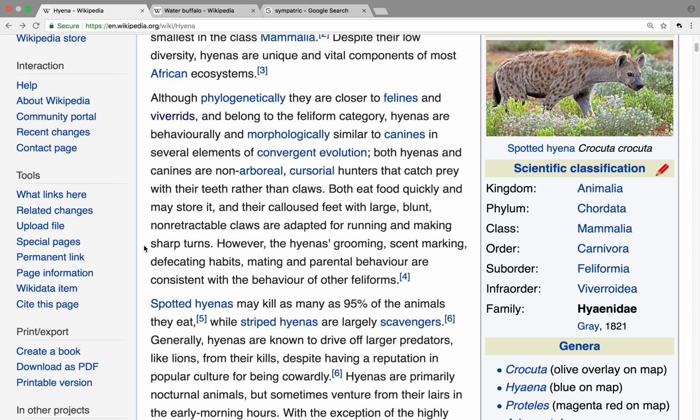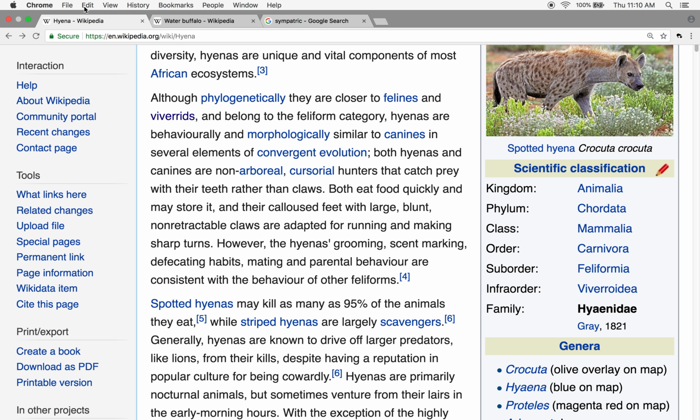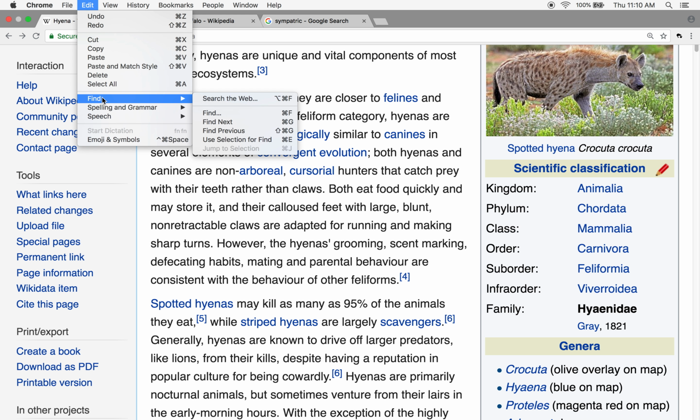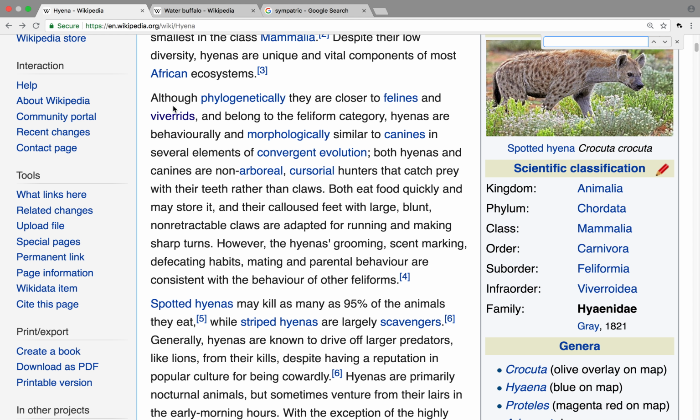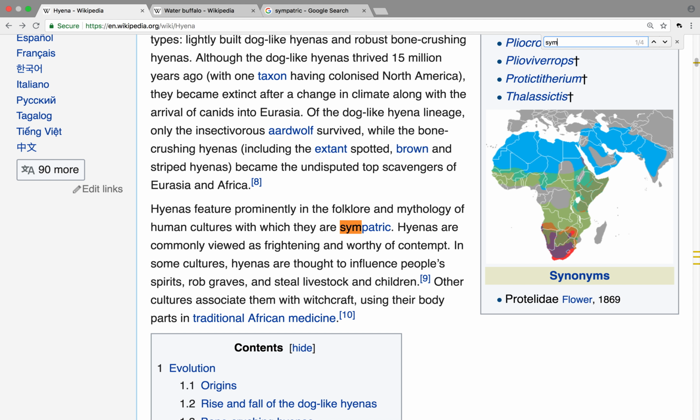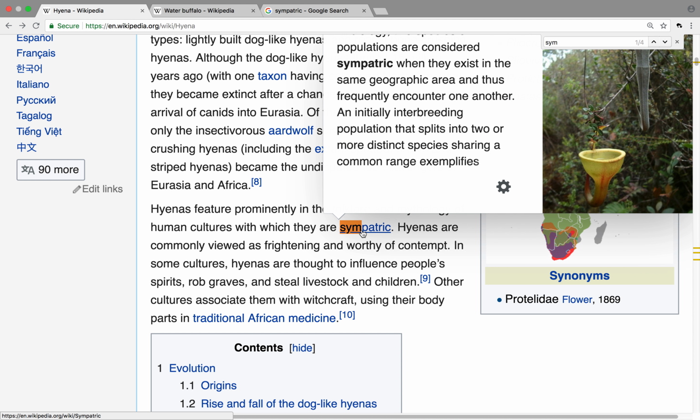It talks about them being sympatric. So we're going to find where it is here. Here it is. Hyenas feature prominently in the folklore and mythology of human cultures with which they are sympatric.